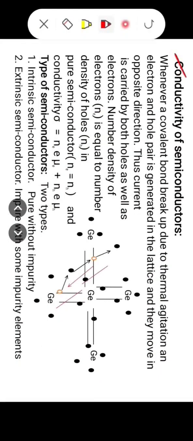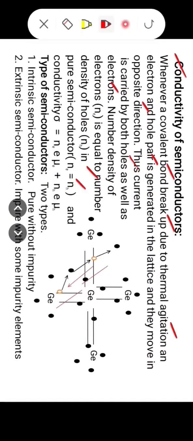Now conductivity of semiconductors. Whenever a covalent bond breaks up due to thermal agitation, an electron and hole pair is generated in the lattice and they move in opposite direction. Thus, current is carried by both holes as well as electrons. Number density of electrons Ne is equal to number density of holes Nh in pure semiconductor.